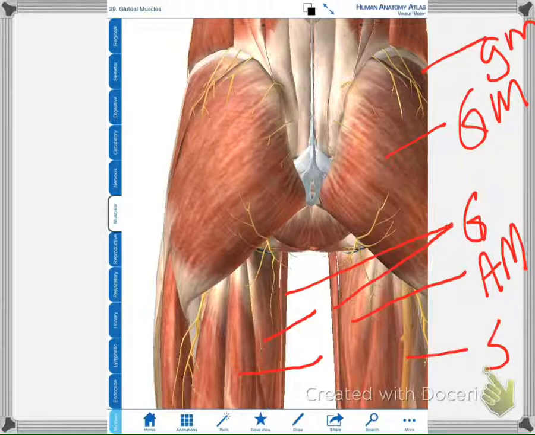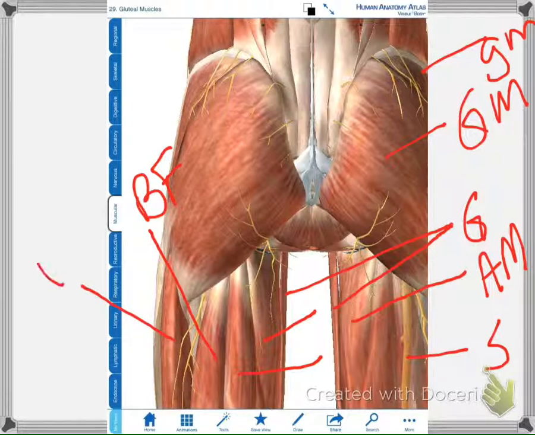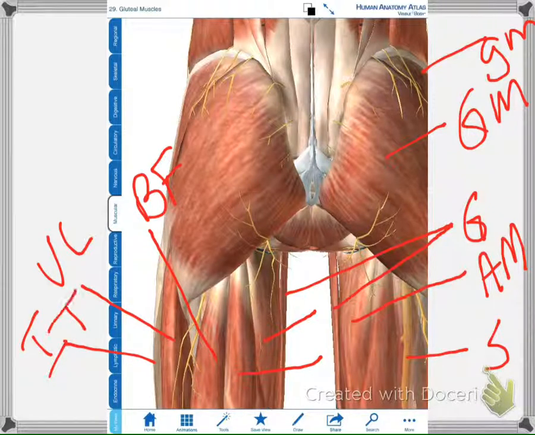Semitendinosus is actually sitting on top of the semimembranosus. Over here is our biceps femoris, and right here is our vastus lateralis. This here is our IT band. It belongs to the tensor fascia lata.